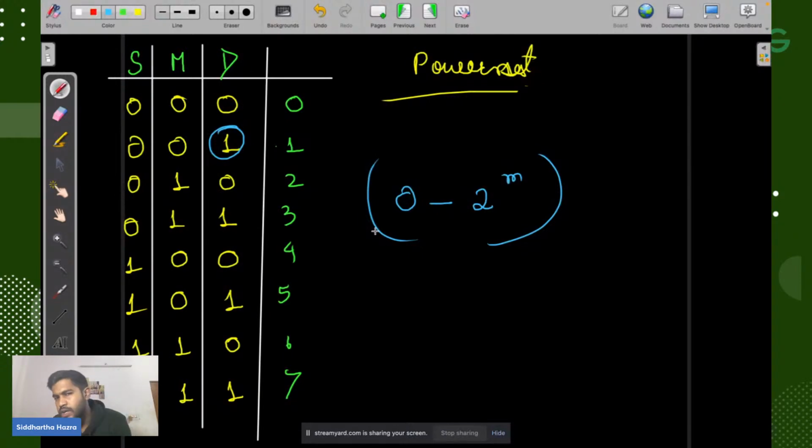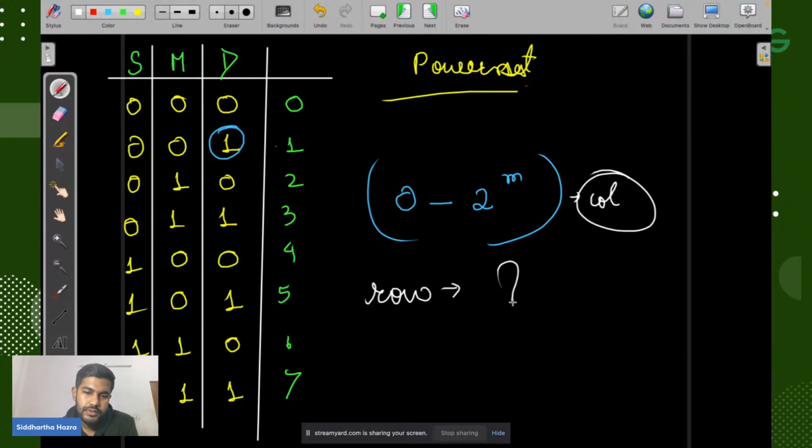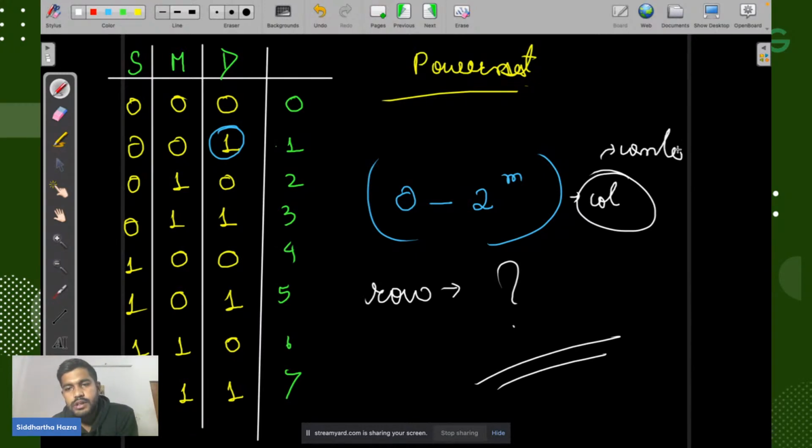Now you would tell me, what about rows, Siddharth? You talked about columns. What about the rows? Rows is very easy to say. If we are using every combination on columns, that would try every possible way. For rows, I can use a greedy approach.